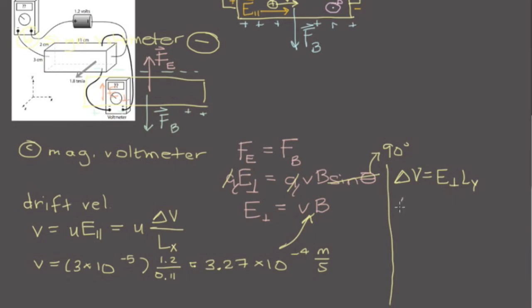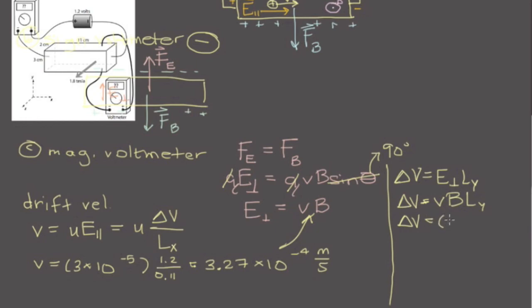So now my delta V here is going to be, coming from here, that E transverse is V times B, times L_Y. And I can literally just plug everything in at this point.